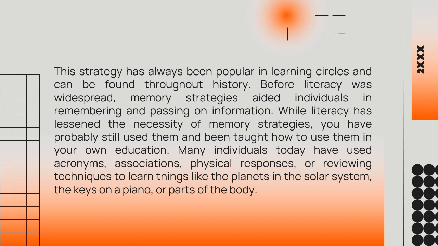While literacy has lessened the necessity of memory strategies, you have probably still used them and been taught how to use them in your own education. Many individuals today have used acronyms, associations, physical responses, or reviewing techniques to learn things like the planets in the solar system, the keys on a piano, or parts of the body.